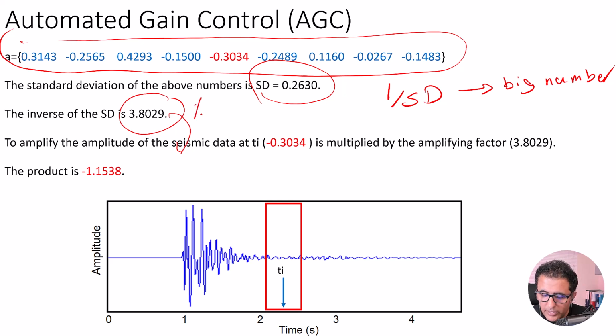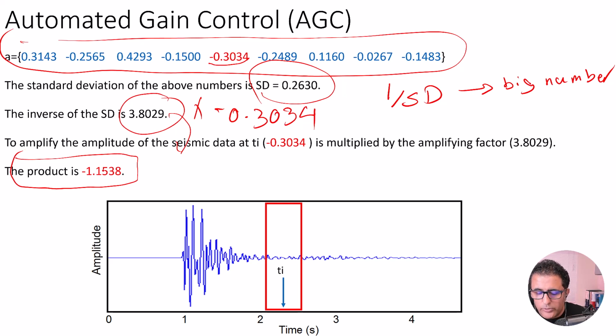So if we multiply this value by the seismic amplitude at Ti, that is equal to minus 0.3034, then we can increase, or amplify, the amplitude to minus 1.15. So this is how we may amplify the amplitude of low energy events by using this procedure.